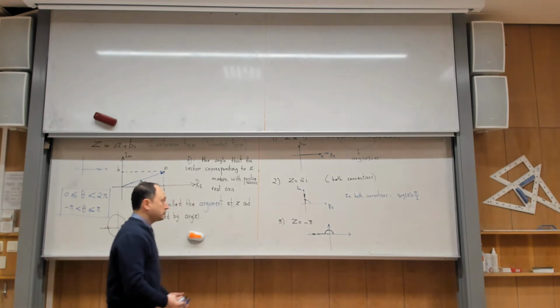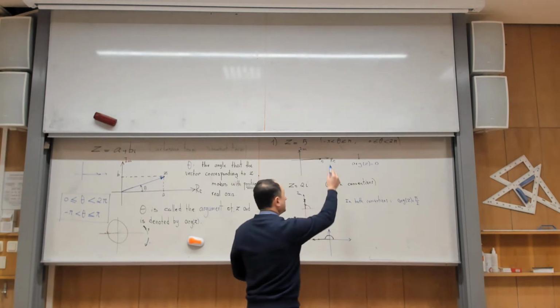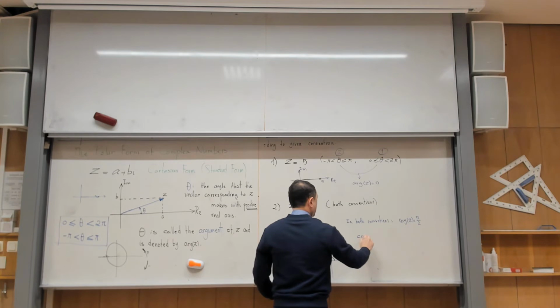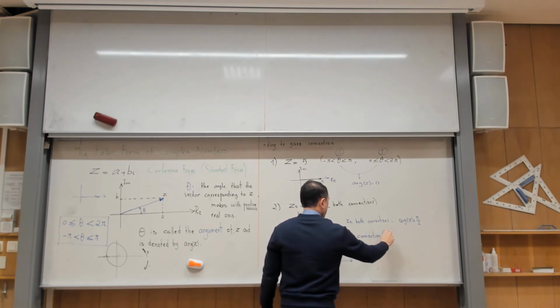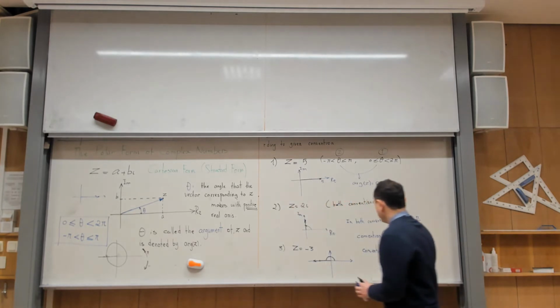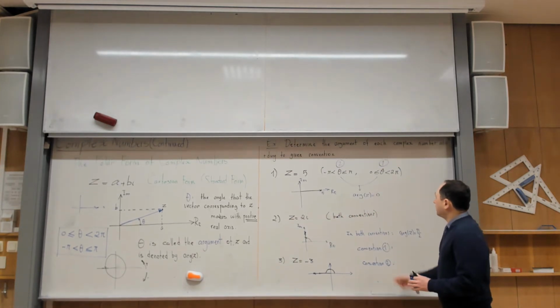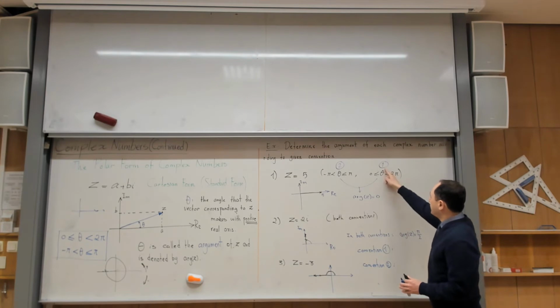But if you express it in the first convention, so convention 1, and then you have convention 2. So in convention 1, what do you write? In convention 1, you have to express an angle between 0 and 2 pi.